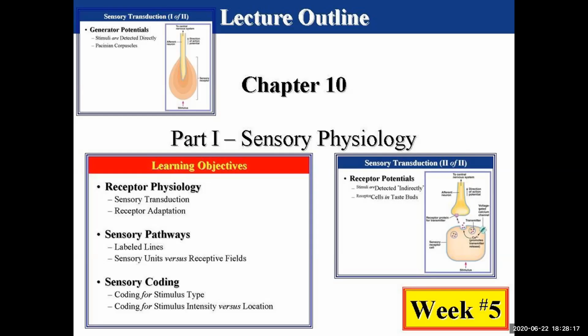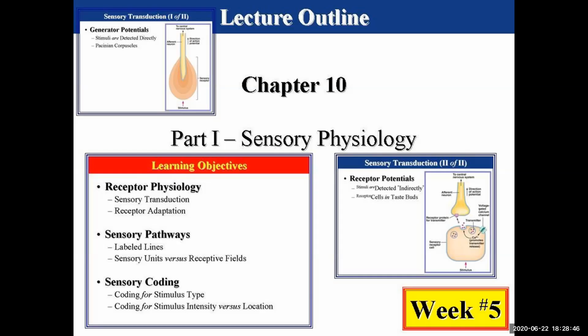There are sensors, receptors in the periphery, which are capable of detecting specific sensory signals, different types of sensory modalities, and then send it to the central nervous system for us to perceive our reality.